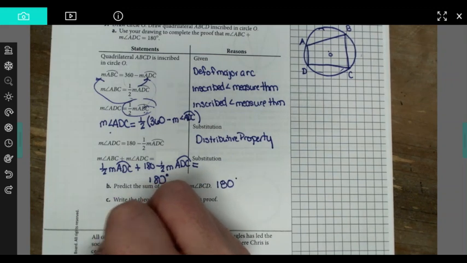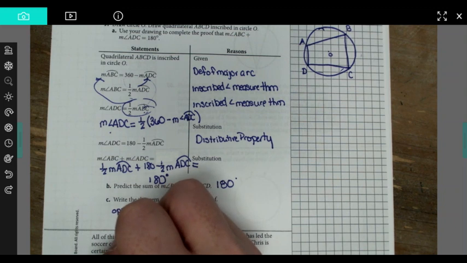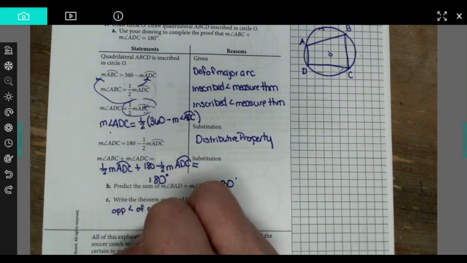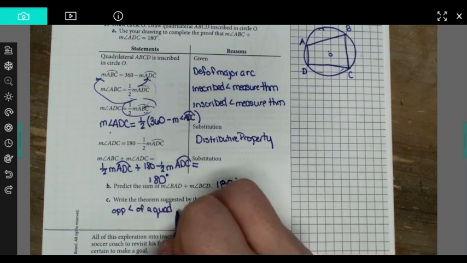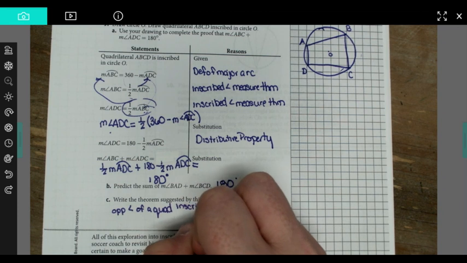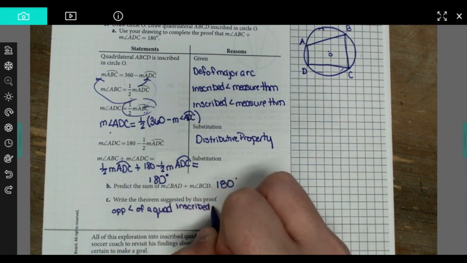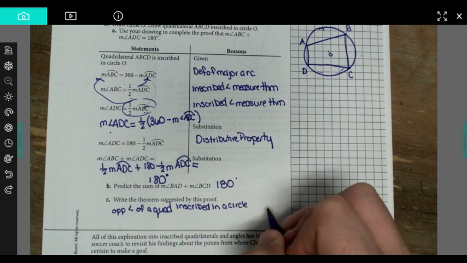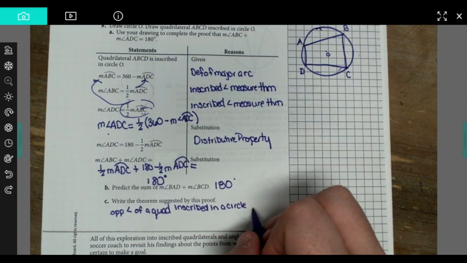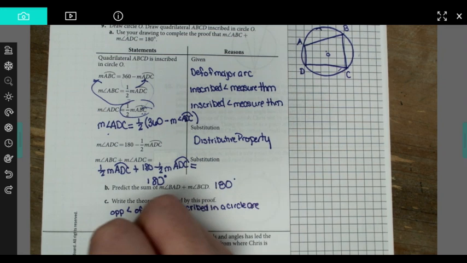Opposite angles of a quad inscribed in a circle are supplementary, meaning they equal 180.